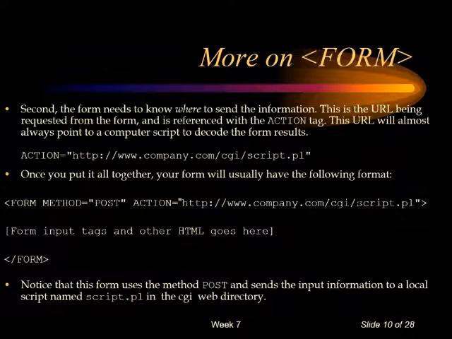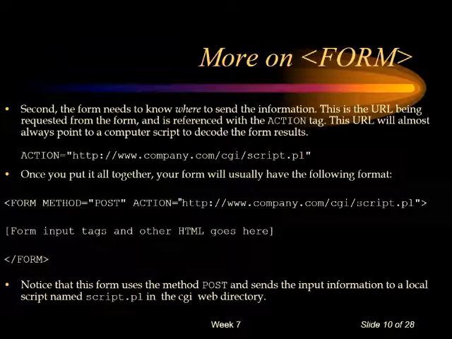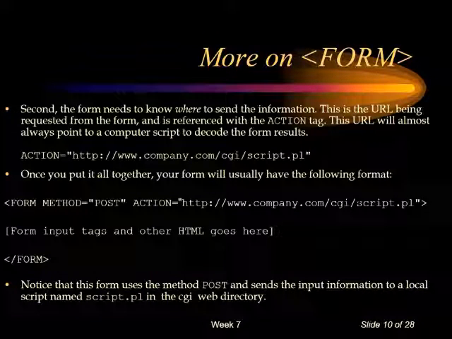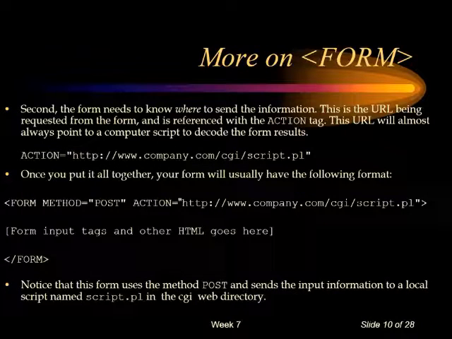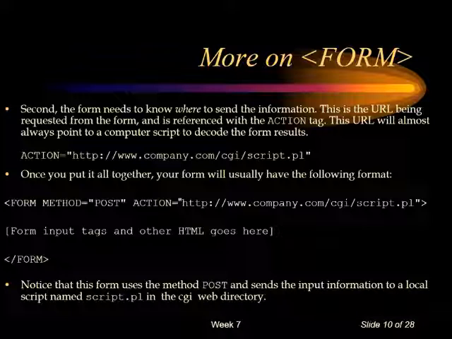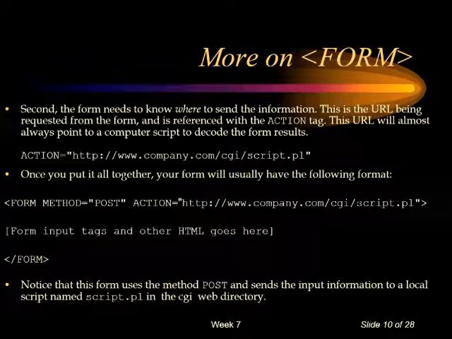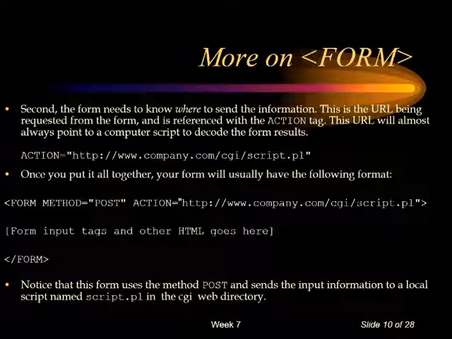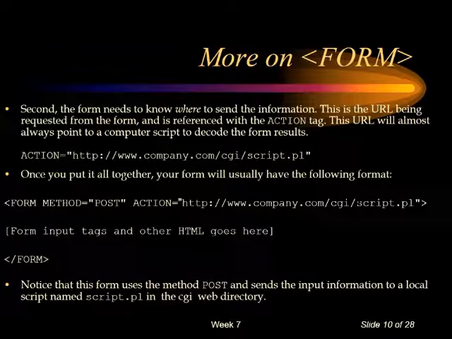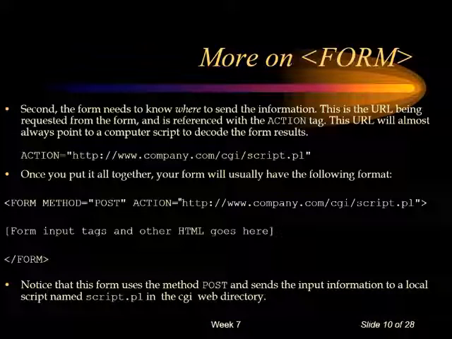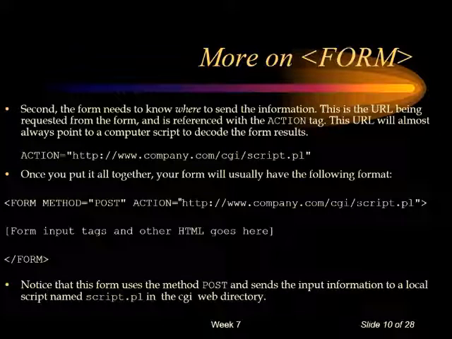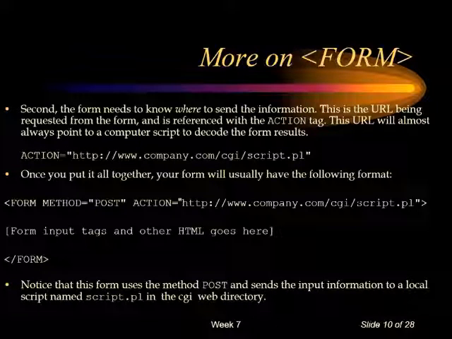Once the browser knows how the information is going to be sent, the next thing the form needs to know is where the information is going to be sent. And that is where the action attribute comes into play. So the value of the action attribute is going to be the location of wherever that computer script is located. In the case of Google, that's going to be at google.com/search.